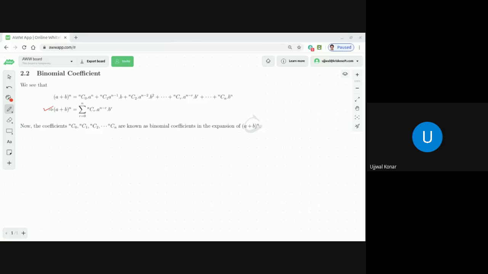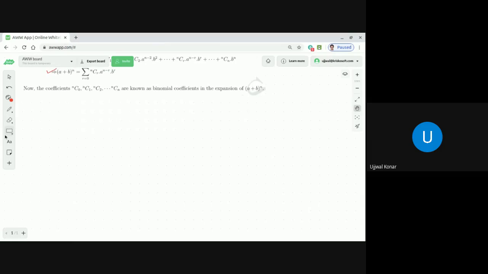Now we observe the following important points. If you recall, when we discussed permutation and combination, we understood one important thing: nCr is equal to nCn minus r. Correct?